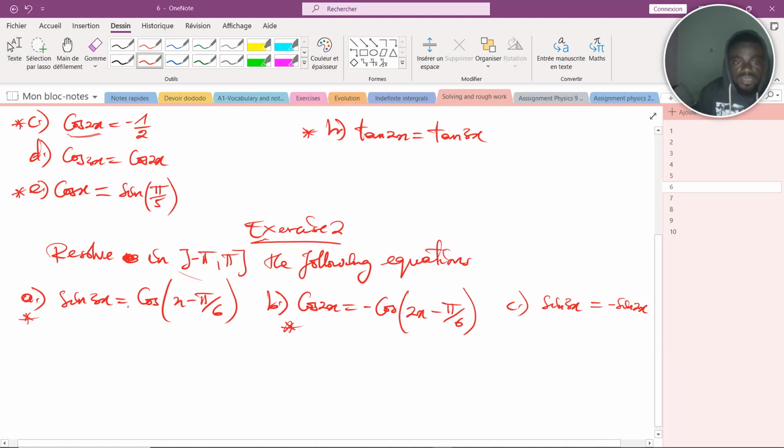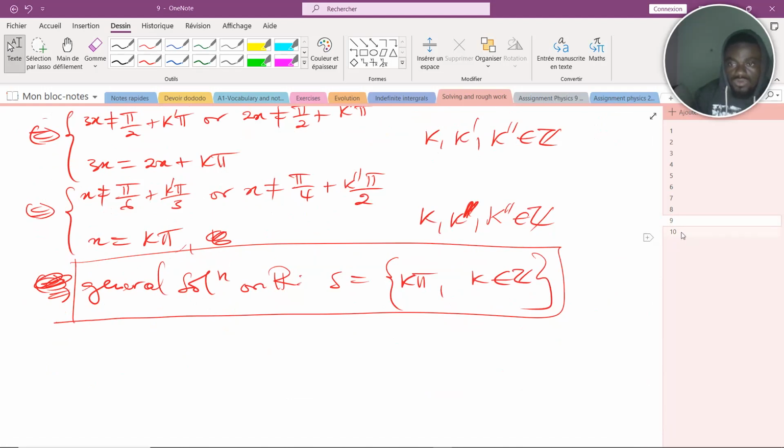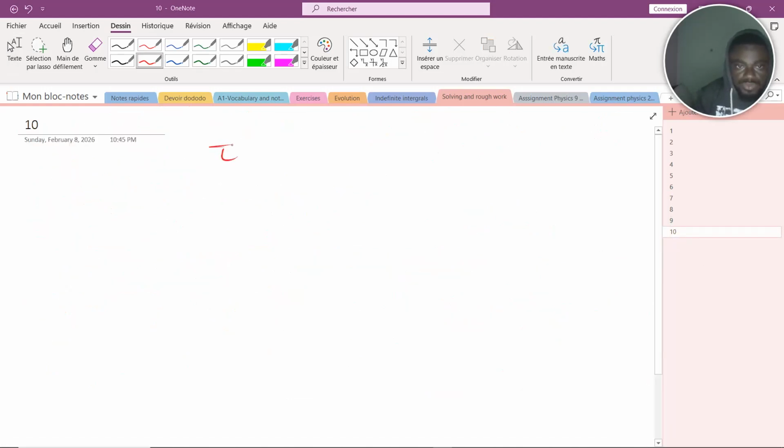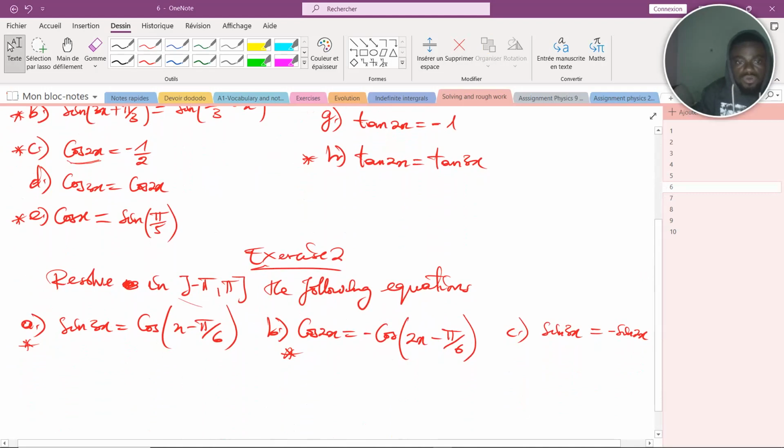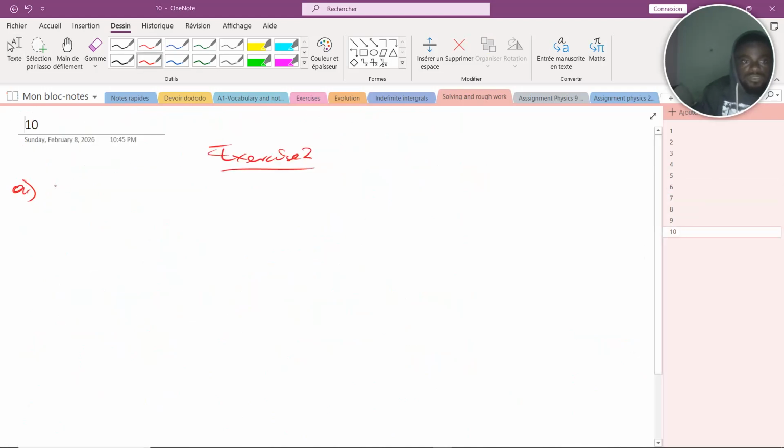We have to solve sine 3x equals cos of x minus pi on 6. This is exercise 2, question A. We are to solve this on the interval minus pi to pi.